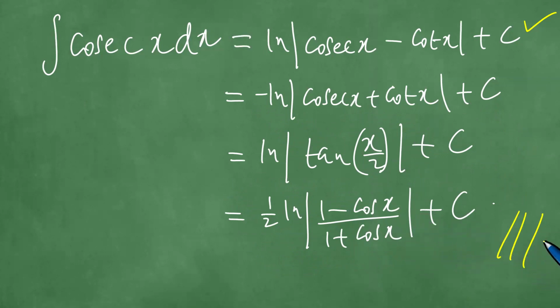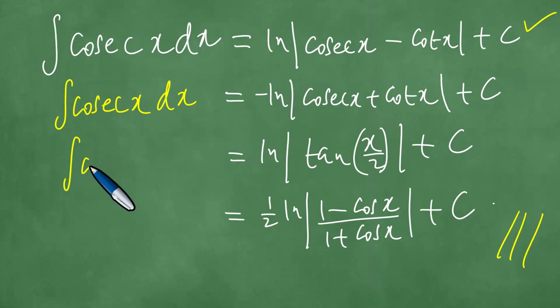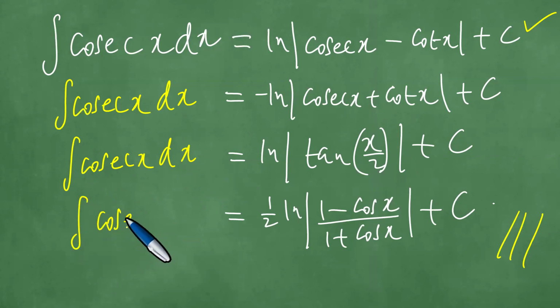Okay, so we have these particular results that we have established, but in each case, it is the integral of the cosecant of x with respect to x that equals this, that equals that, and that equals that as well.